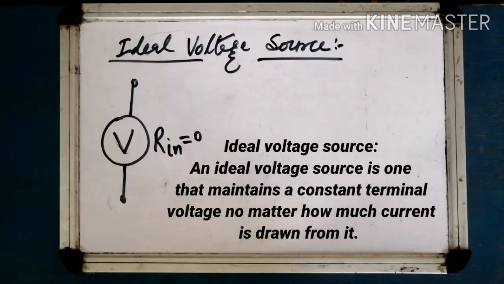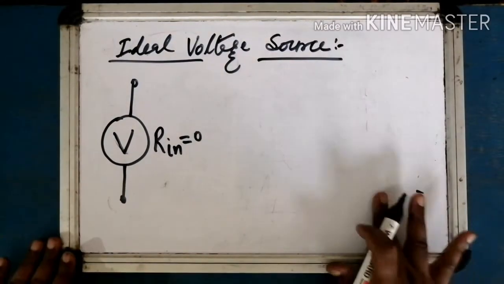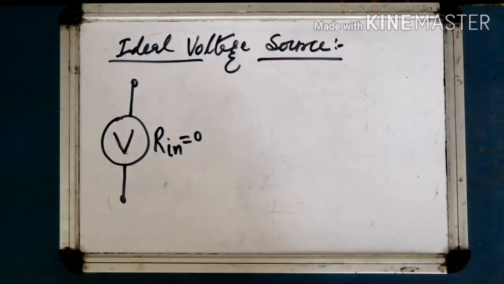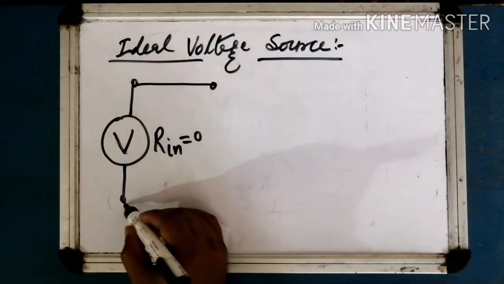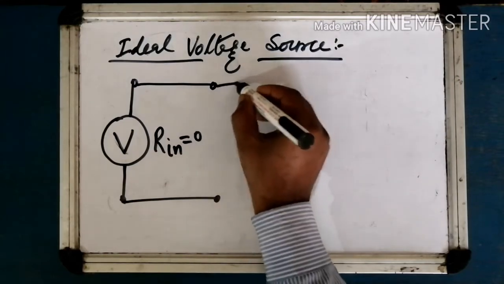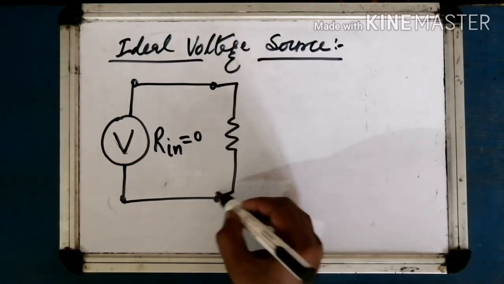Now, what is the definition? An ideal voltage source or constant voltage source is one that maintains a constant terminal voltage no matter how much current is drawn from it. Right? See, according to the definition, if some current is drawn from the source, this one is the load resistor RL.